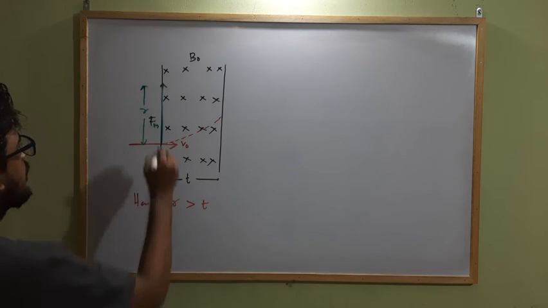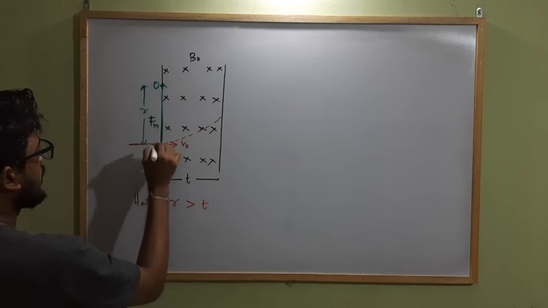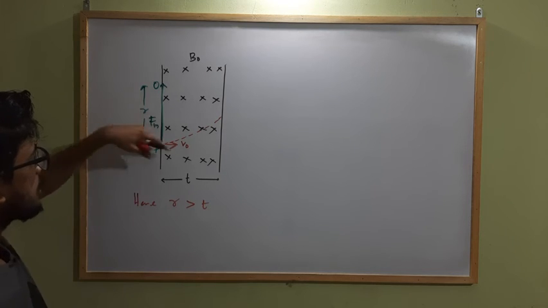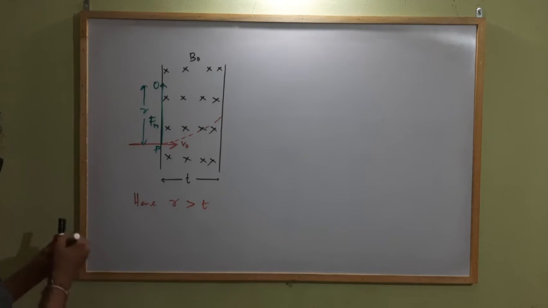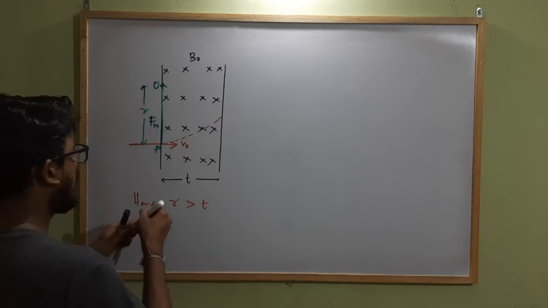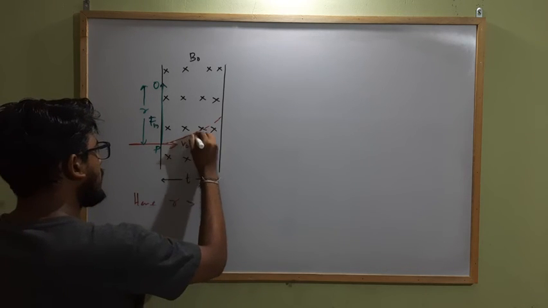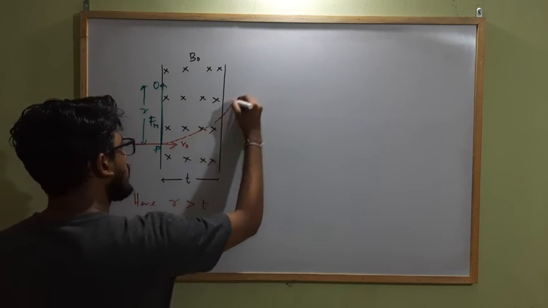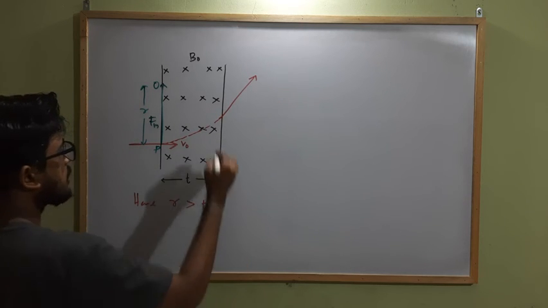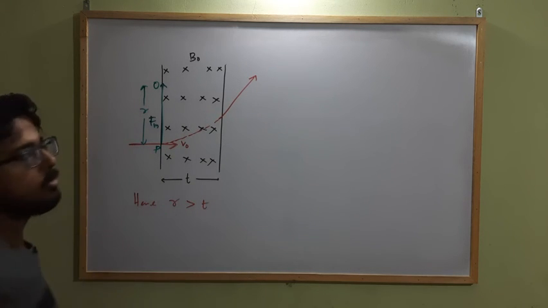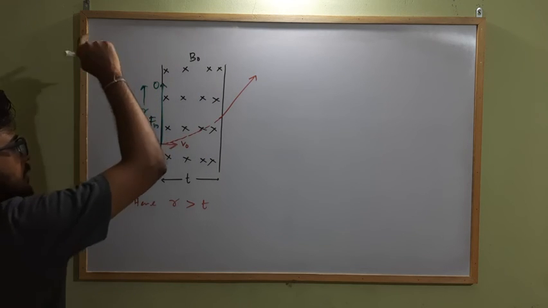Let this point be O, this will be P. Here OP, radius r of the circular path, is greater than t. That means if the charge particle wants to rotate in a circular path, it goes like this, and from this point it goes tangentially along this direction, because beyond this region there is no magnetic field to rotate it.